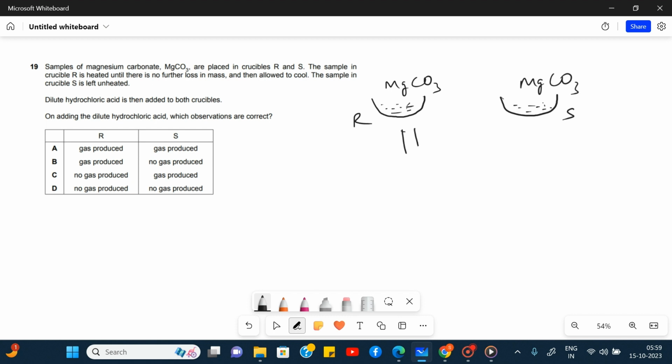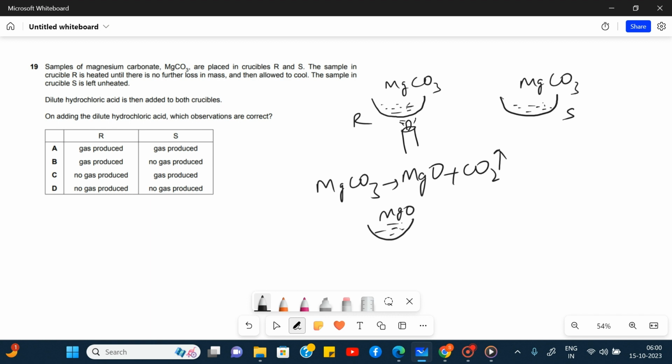If you heat this crucible, we know that MgCO3 will break down to give magnesium oxide plus CO2. CO2 is a gas and it will be released. That means ultimately you will have only magnesium oxide left in crucible R. The crucible S is not heated, so that means you still have magnesium carbonate.